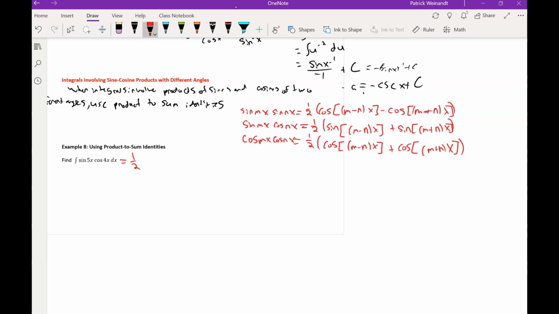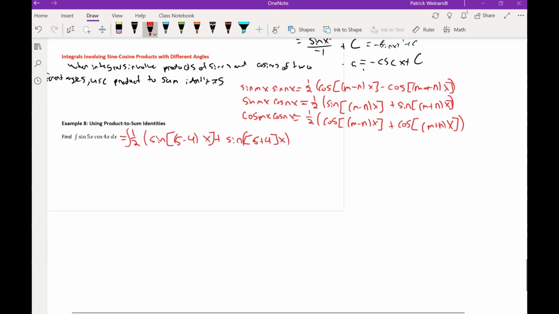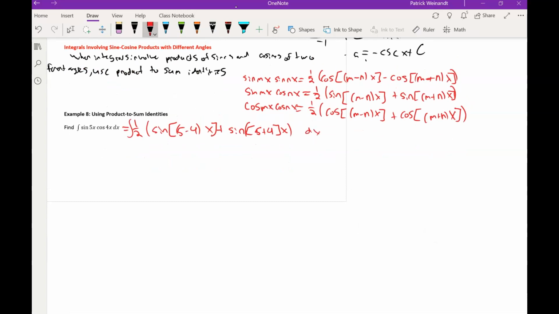We know that this is the same as the integral of 1/2 times sine of 5 minus 4x, plus sine times the sum of those, so 5 plus 4 of x. I kind of did it backwards, that's all right. And then we need our dx at the end of all of this.